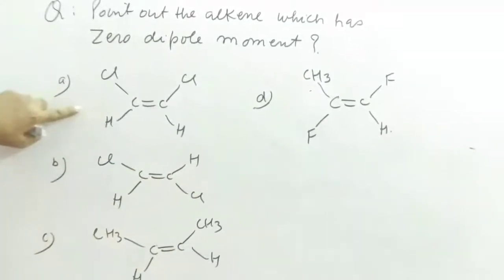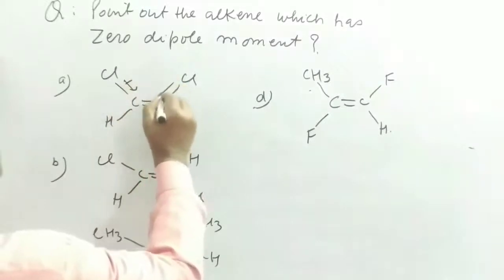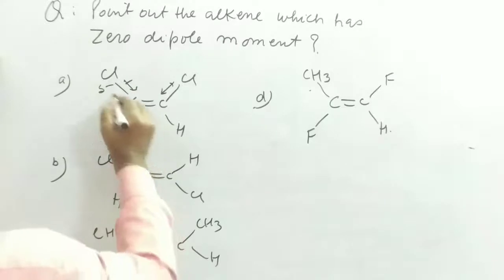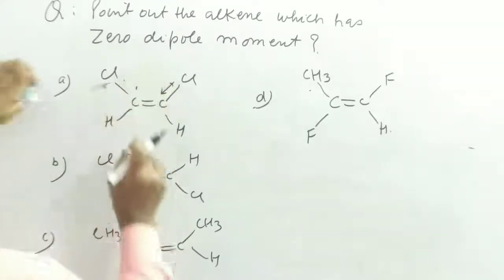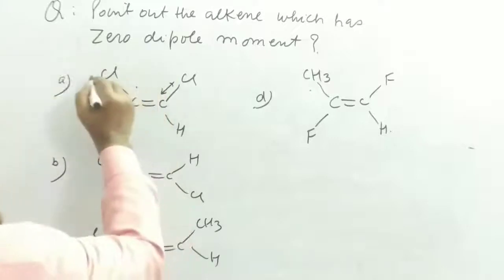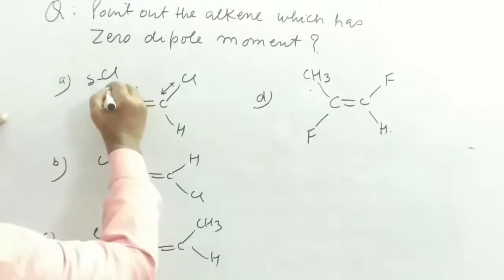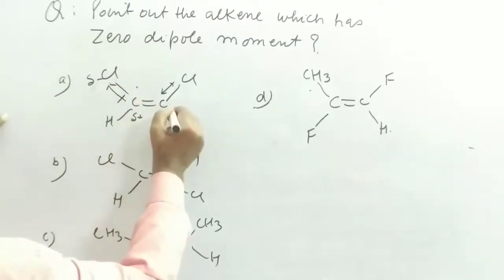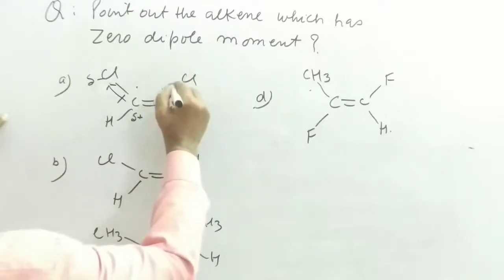In this case, the bond moment is like that. Partial negative and partial positive. No, this is in opposite direction. This is partial negative, more electronegative chlorine. So bond moment will be like that, from positive to negative.